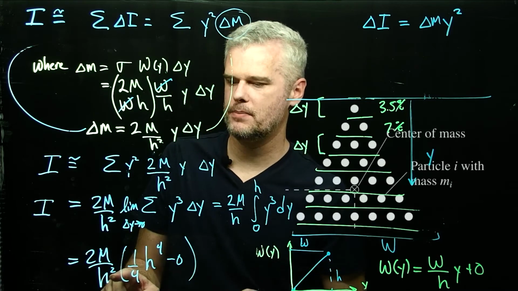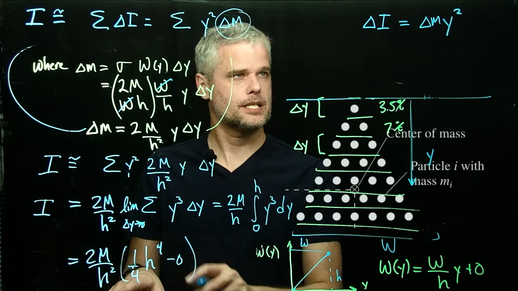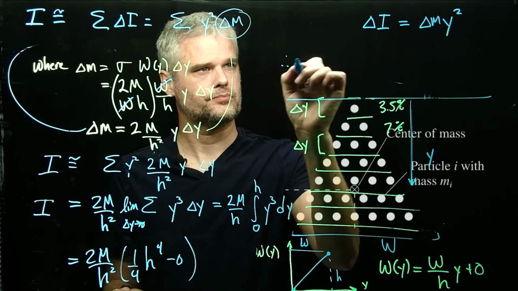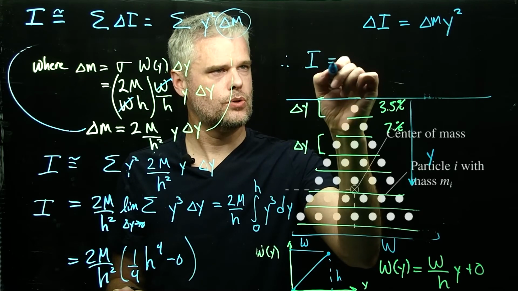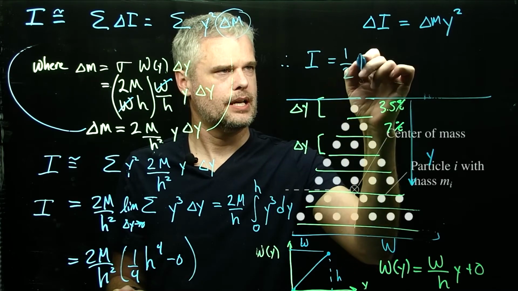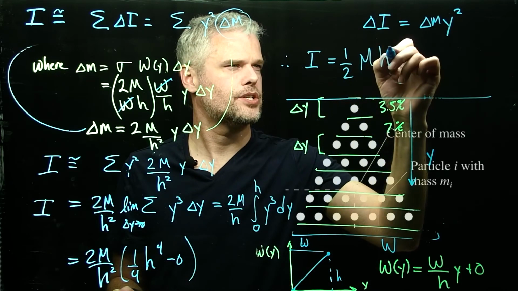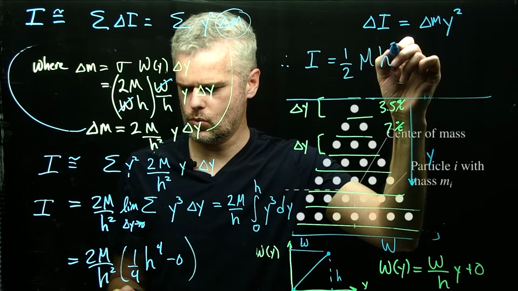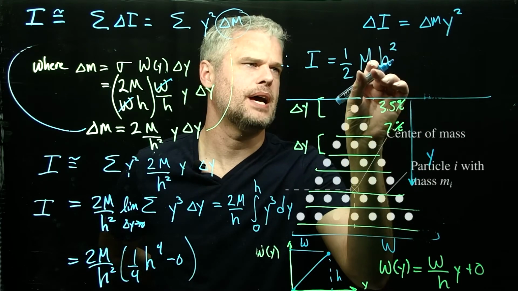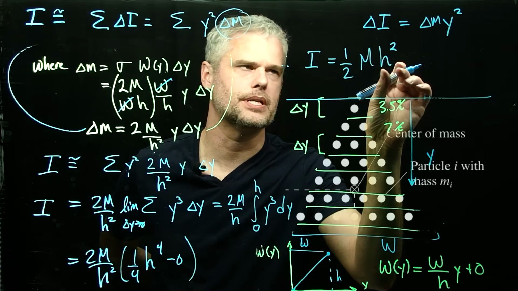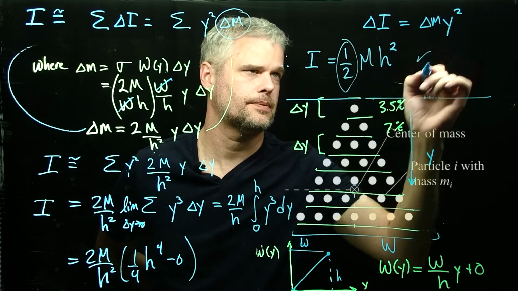I knew I made a mistake because the units weren't working out. Let's complete this picture. Therefore, the moment of inertia is equal to 1/2 m times h squared. Yeah, okay. It's always going to have units of mass times distance squared, always. There'll just be a different factor out here, so the units make sense.